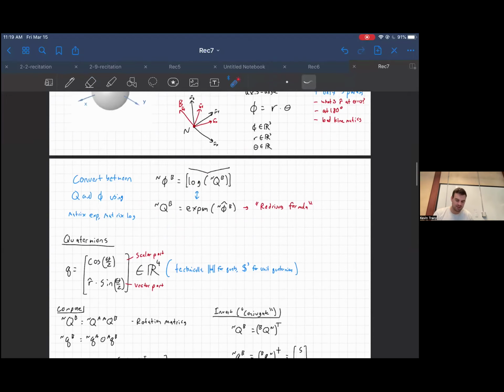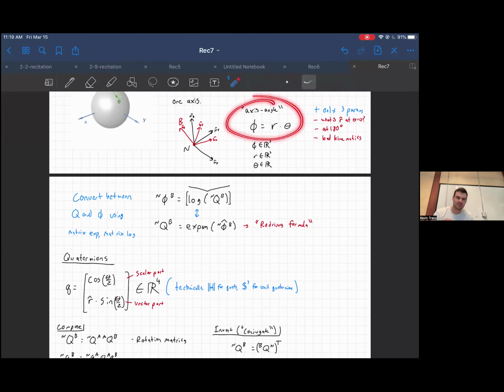So what we talked about is, the axis angle is great for giving us an intuition as far as how we rotate. I think it's conceptually the most simple way to understand a rotation: just pierce an object by some axis and then spin it about that axis. I think that's the simplest. But when it comes time for actually using this in practice, like in a simulation, it's awful. And the reason why it's awful is because there's a bunch of singularities. When I'm at no rotation and theta equals 0, what is R?